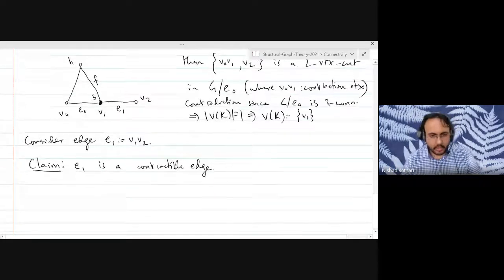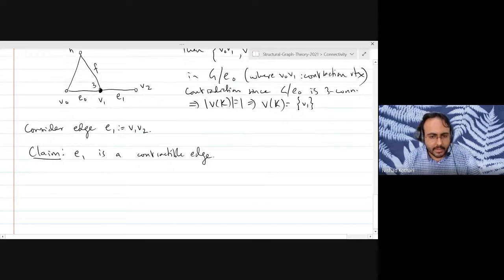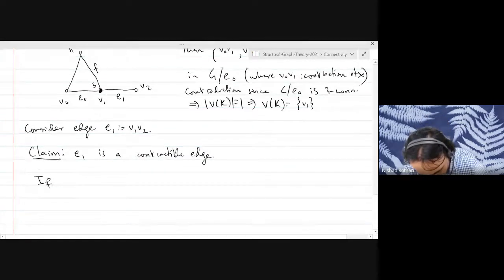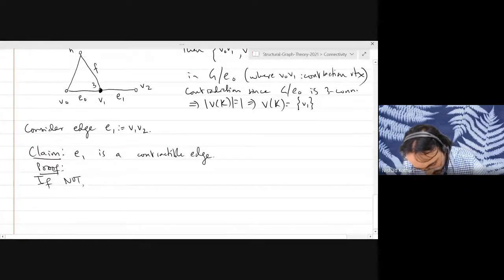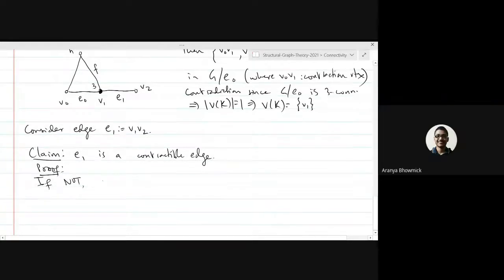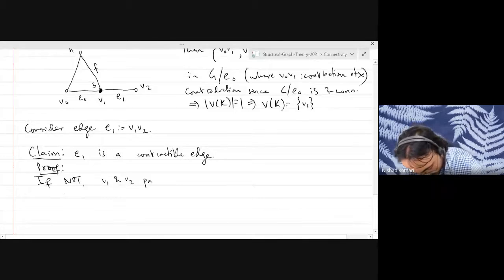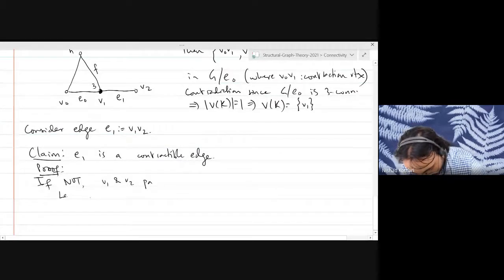Well, if it is not a contractible edge, then you might remember the lemma we used to prove Thomason's theorem. If it is not contractible, then its two vertices belong to a 3-vertex cut. Okay? So let's prove this claim. If not, the ends of E1, that lemma 9.11? Yes, this is lemma 9.11.